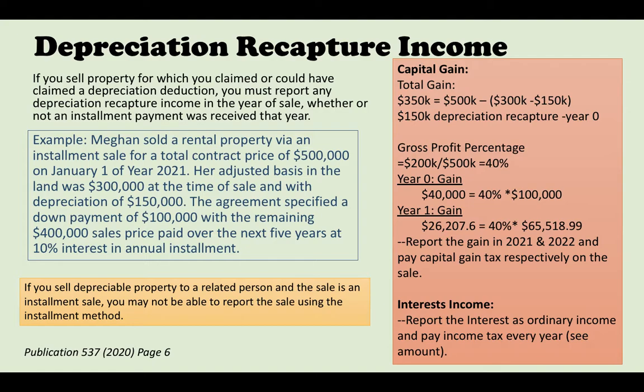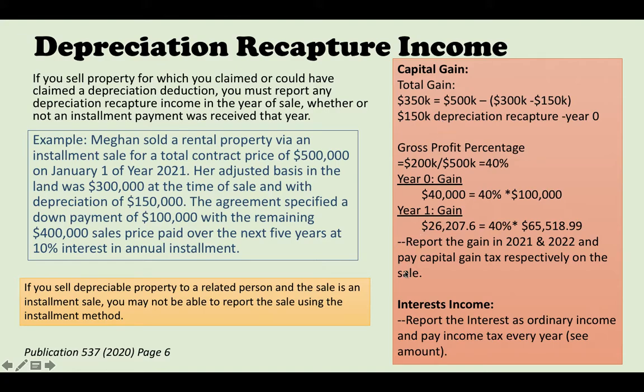You have to recognize your capital gain in year 0. You have to recognize the $150,000 depreciation recapture, and the long-term capital gain of $200,000. So the entire $350,000 gain must be recognized in the year of the sale.